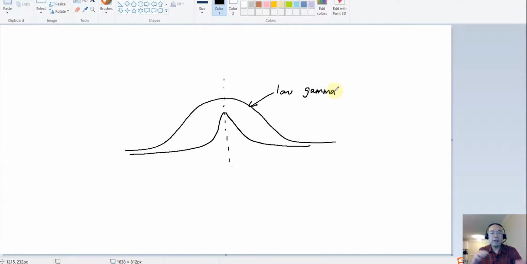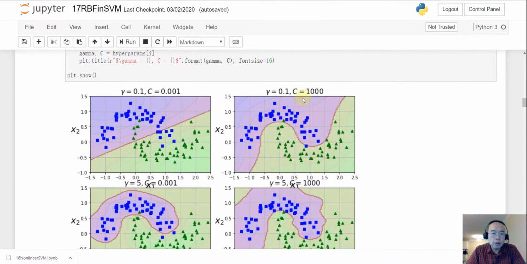So we have a very fat Gaussian curve, and then no matter whether our sample is here, here, or here, the distances between those samples and the low gamma Gaussian curve are not that differentiable. That's a problem. It should be sample 3 in this case. So remember, for both low gamma and low C, we end up with an underfit model.